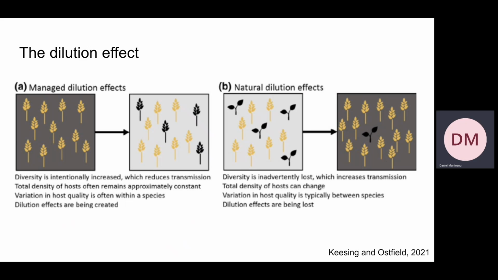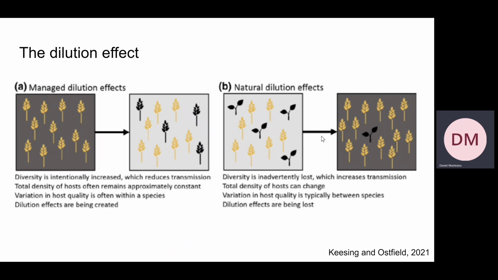So I want to go into what this dilution effect is, since this is a relatively new concept in disease ecology, and one that I just became familiar with for this project. But the dilution effect makes predictions about how the species richness at a site influences the spread.